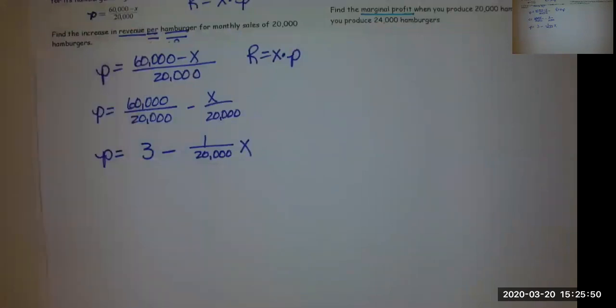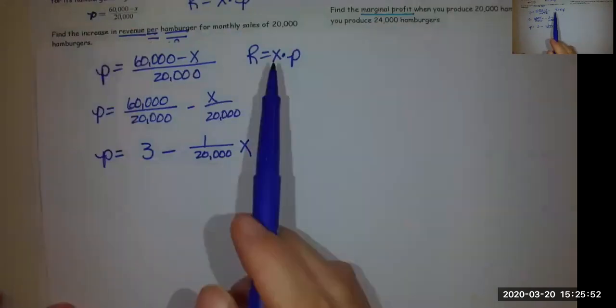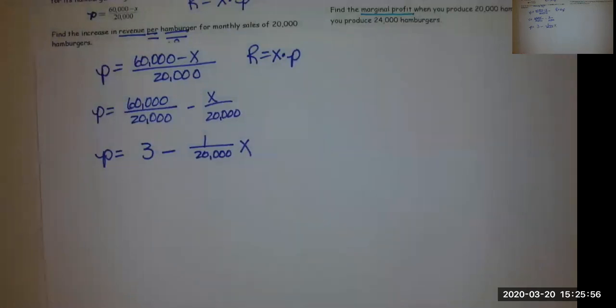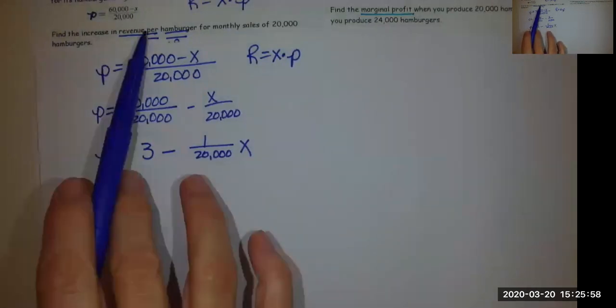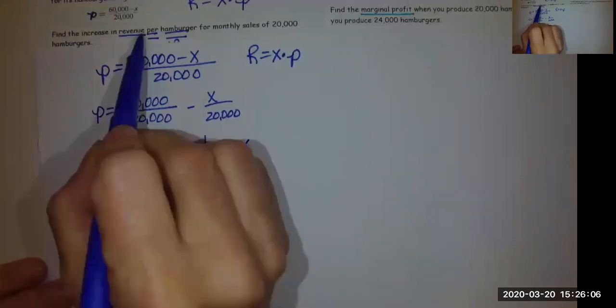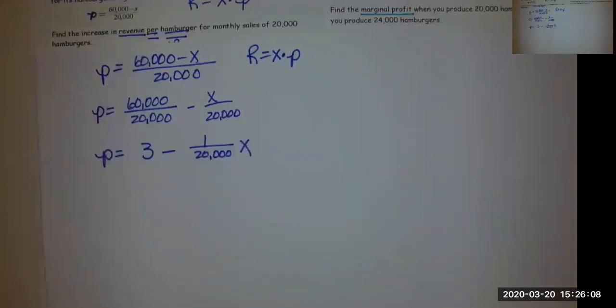So let's find the increase in revenue per hamburger. If we want revenue, that's R, and we know that formula. We just have to multiply through by X. But also, we know that per hamburger, the word per means rate. Rate means derivative. So that's a clue right here that they want us to take the derivative of revenue.